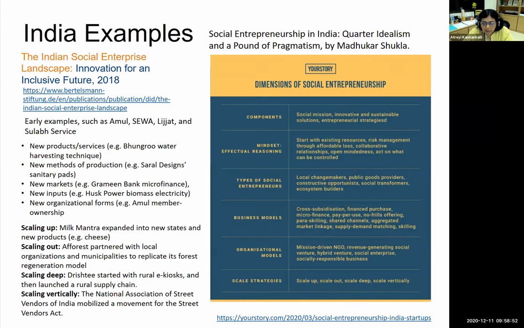So there's a range of business models that social enterprises can adopt, and you can see many examples on the left side. The book also talked about the challenges of scaling up these enterprises, and the different pathways to scaling up, scaling out, scaling deeper, and scaling vertically as well. I think this is an interesting book for anyone wanting to work in this area.